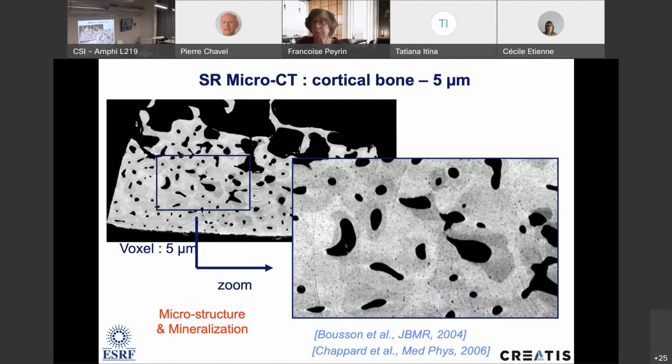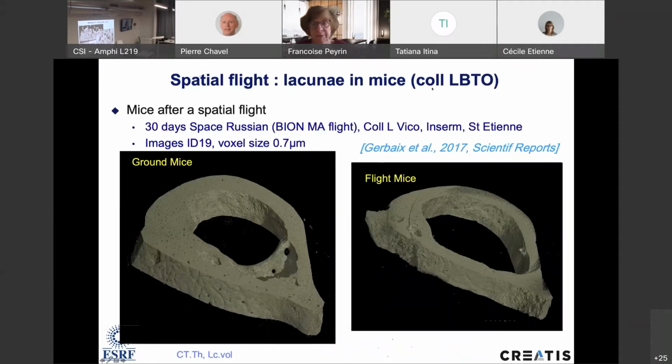Here we image at 5 micrometers, which is not really sufficient to really see the osteocytes. But I just want to show you an illustration of a recent work that we did in collaboration with Laurence in Saint-Étienne, which was to image mice after a spatial flight.